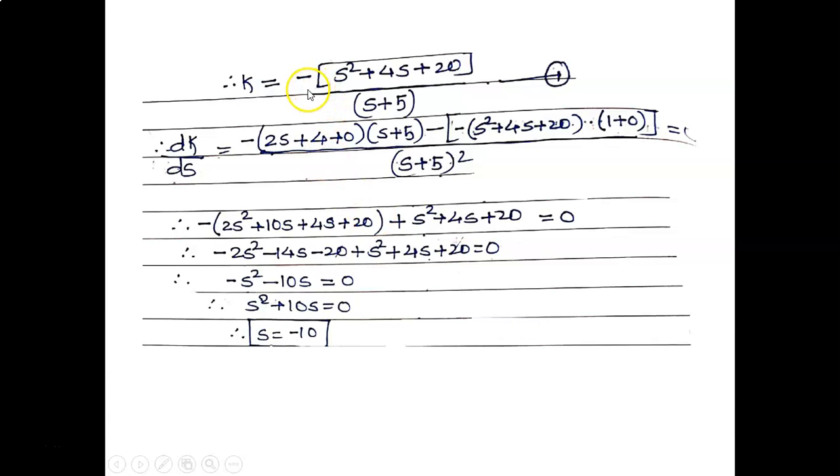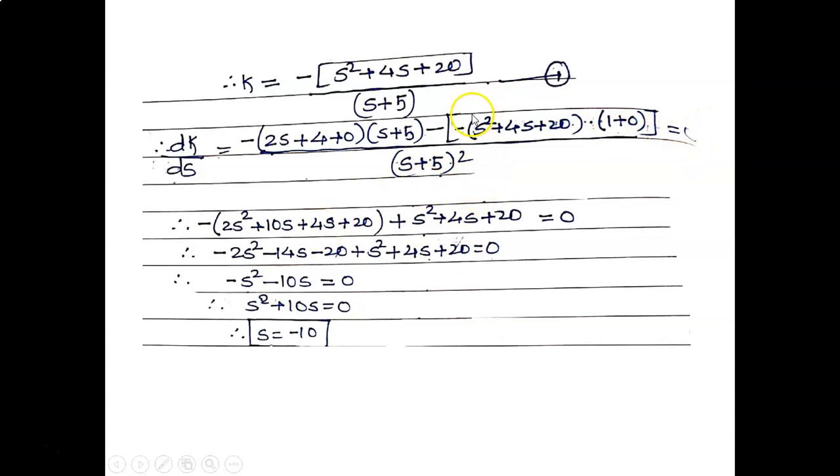Therefore, k is equal to minus of (s square plus 4s plus 20) divided by (s plus 5). Now, differentiate this k with respect to s, equate it to 0. Therefore, dk by ds is equal to minus of [(2s plus 4 plus 0) into (s plus 5) minus (s square plus 4s plus 20) into (1 plus 0)] divided by (s plus 5) whole square.